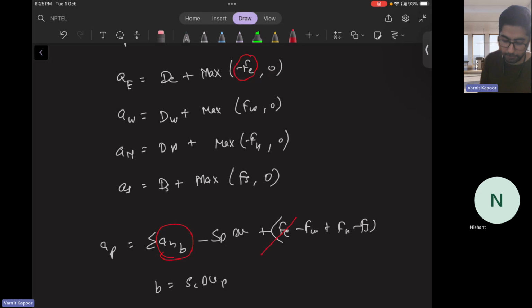When you do the sum of the aNB's, put this into aP, and the Fe contribution will cancel out.